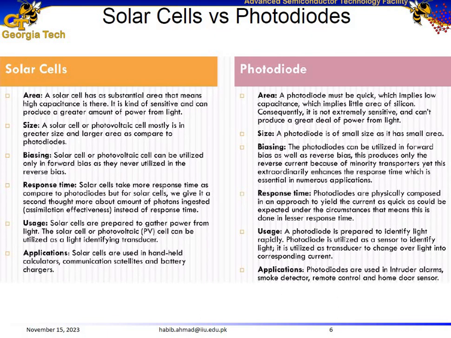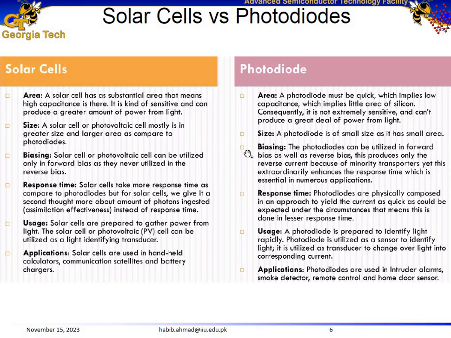Here I have listed solar cells versus photodetectors or photodiodes. In case of solar cells, we have larger areas, and the goal of this larger area is for the light to be incident on a maximum surface area, resulting in a large number of electron-hole pairs, and these electron-hole pairs then result in voltage and current across the device, giving us electrical power.